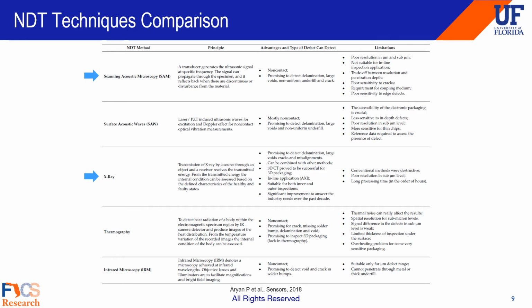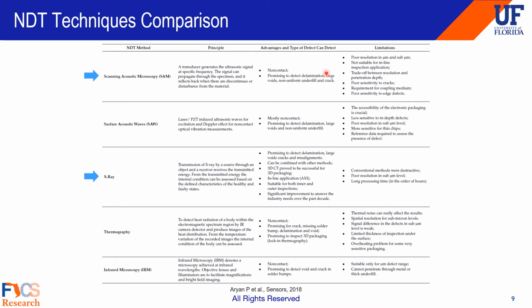Though numbers may vary between different machine models, SAM and X-ray have similar resolution and scanning time. So for SAM, we are seeing that it's non-contact, so you don't have to be in physical contact with the specimen while you're taking the image. It's really good at detecting cracks or voids or just general defects, interface differences, material differences, but the limitation is that the resolution is in the micron range.